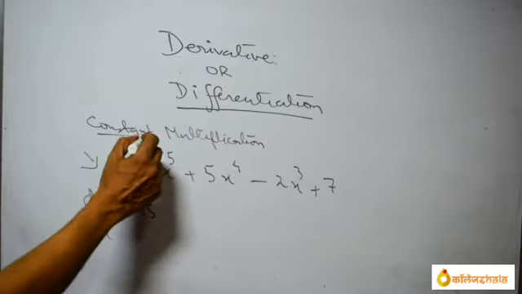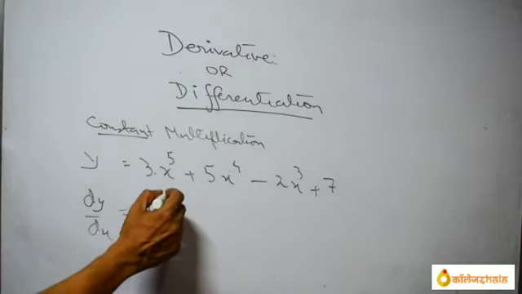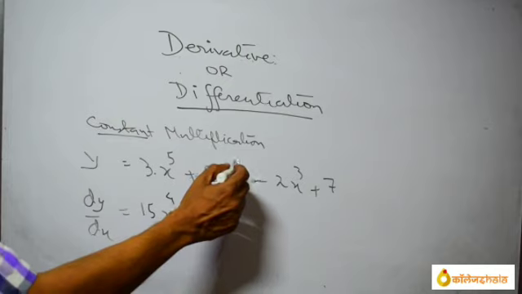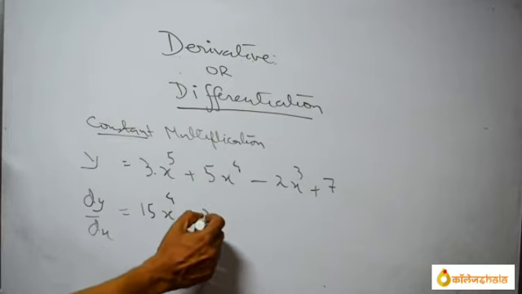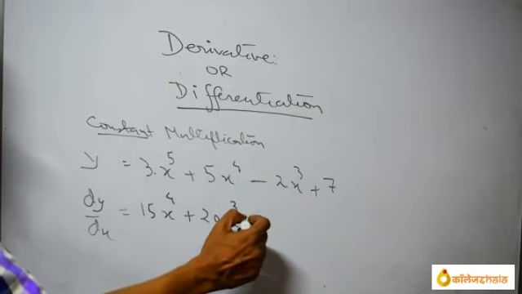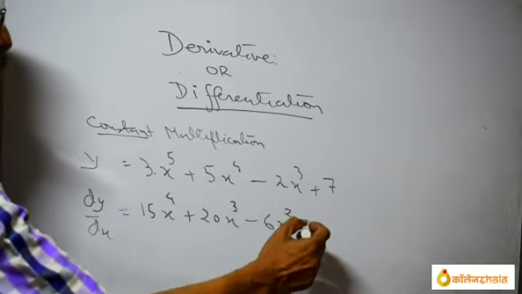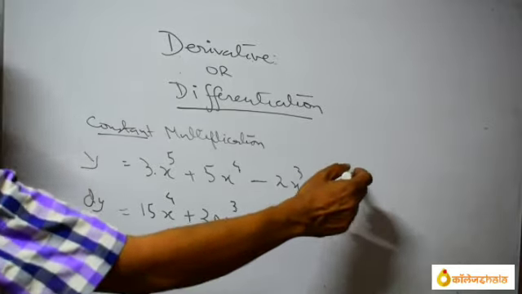The constant will remain as a constant with the variable. So it will be 15x to the power 4, 5 minus 1. Now 4 into 5, that is 20, x to the power 4 minus 1, 3. Now 3 into 2 is 6, x to the power 2. And 7 is a constant but not multiplied with anything.